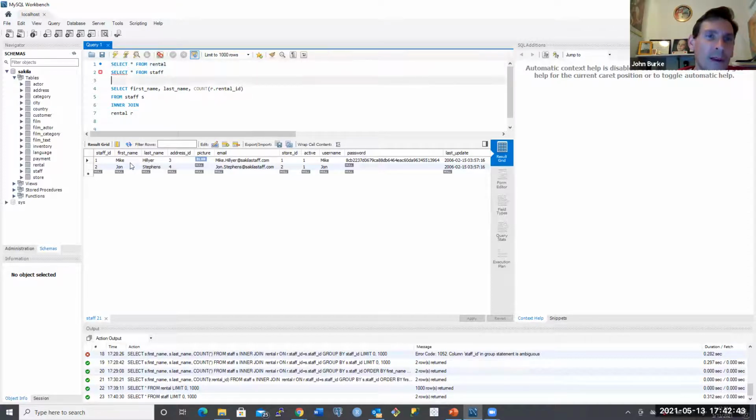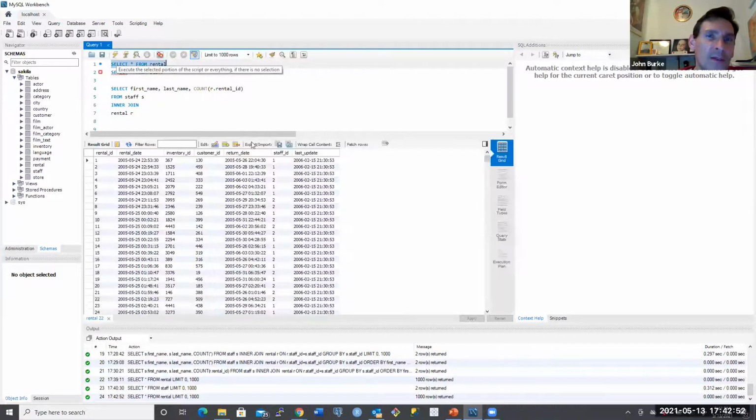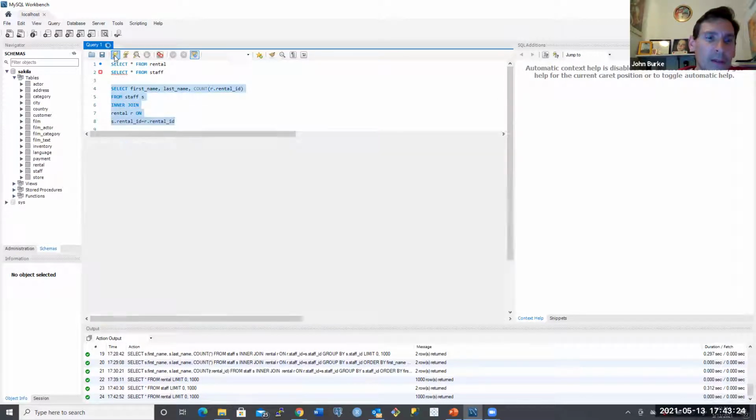We're assuming staff here, so there's a staff ID, and we believe we saw staff ID present in the rental table, so we can join on these two. Let's run what we've got now and see what happens.